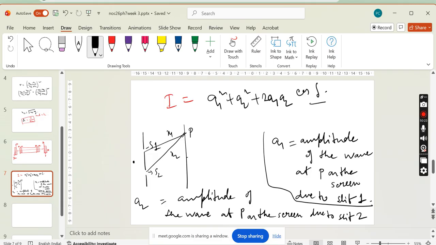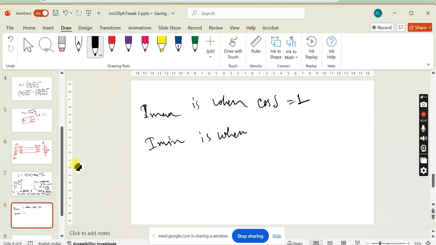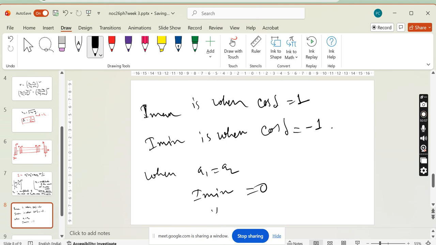Up and down the screen, delta varies. I max is when cos delta is 1 and I min is when cos delta is minus 1. When A1 is equal to A2, I min is 0 and I max is 4 A squared.